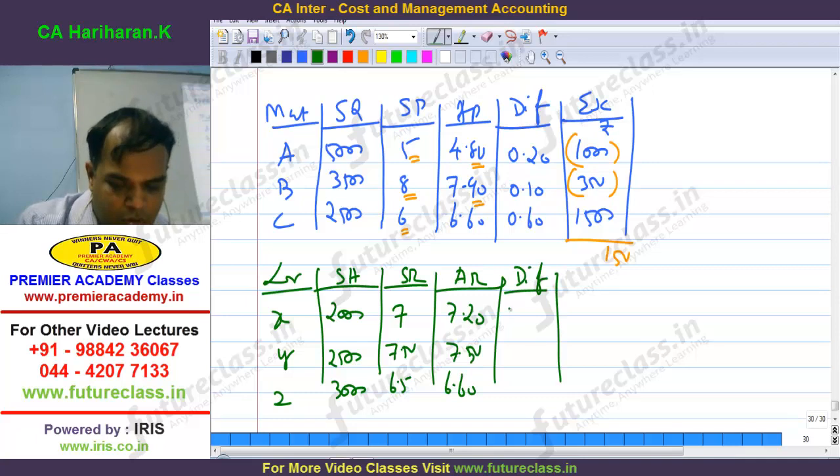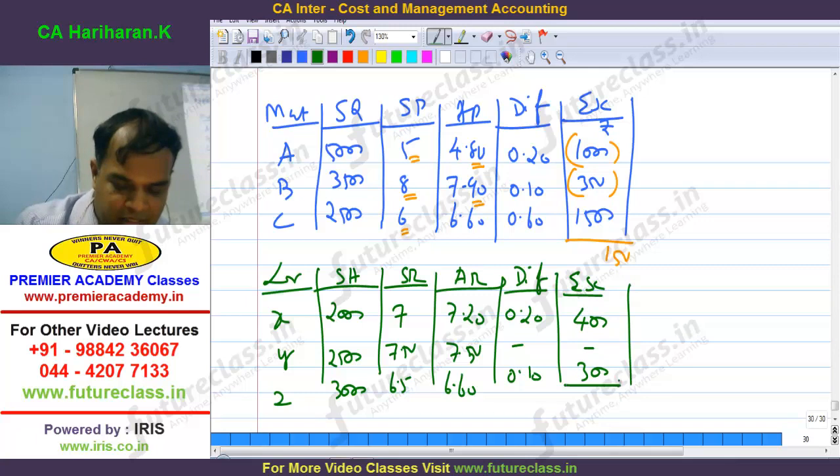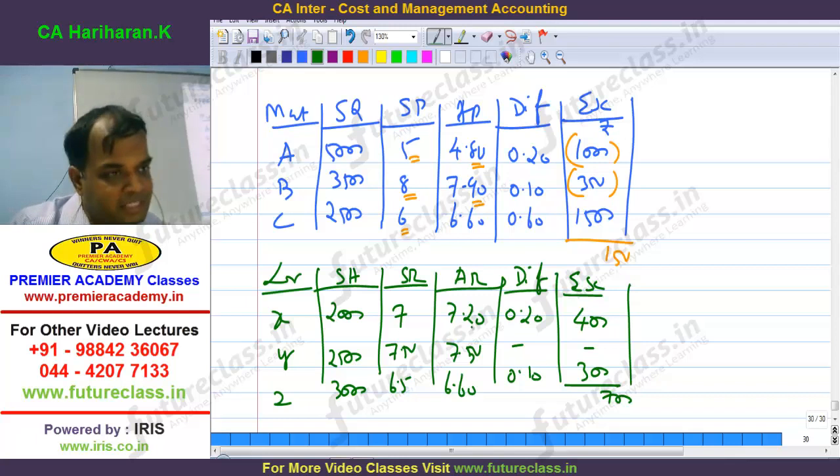Difference 20 paise, nil, 10 paise. Correct? Therefore, escalation comes to 400, nil, 300. Net cash comes to 700. I have charged 7, incurred extra. You will incurred extra. Clear?